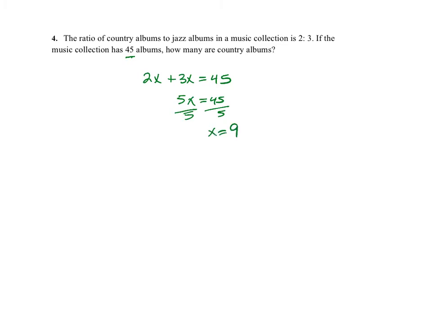I'm asking for the country albums, so my order is country albums to jazz albums. So the country albums are 2 times 9, so it's 18. So this collection has 18 country albums.